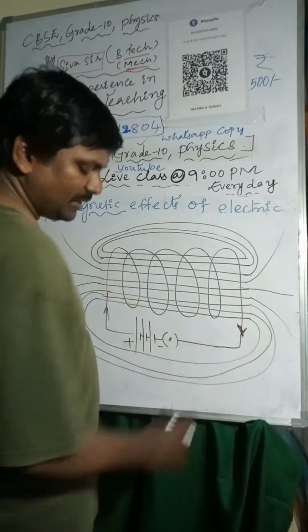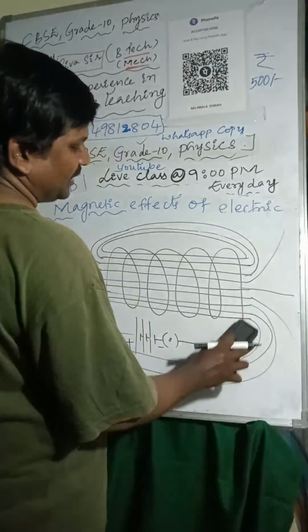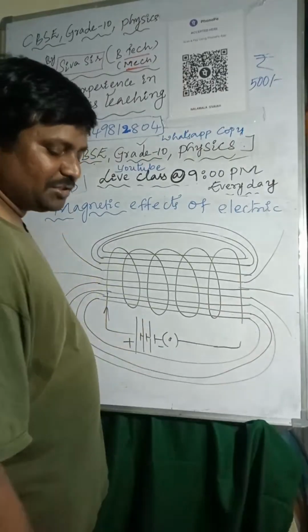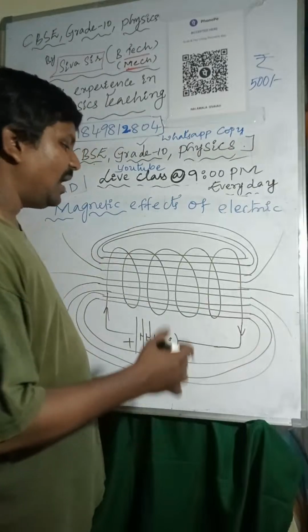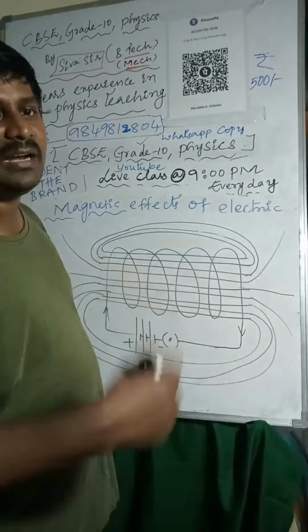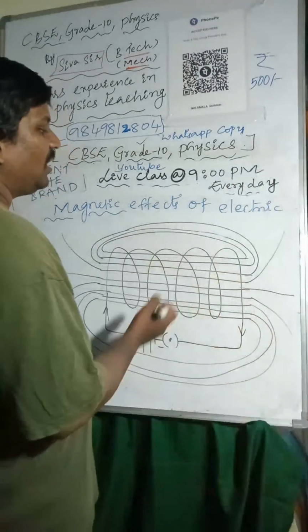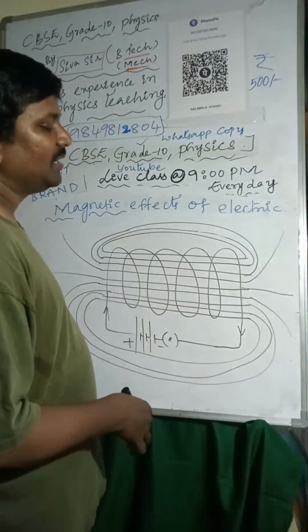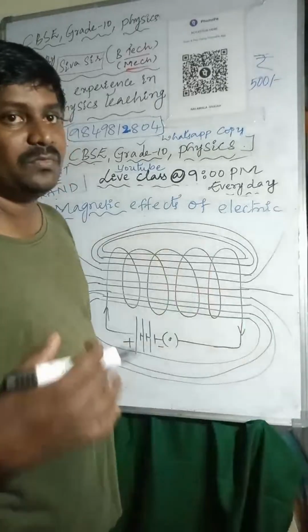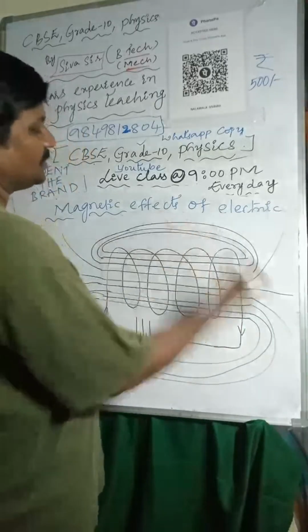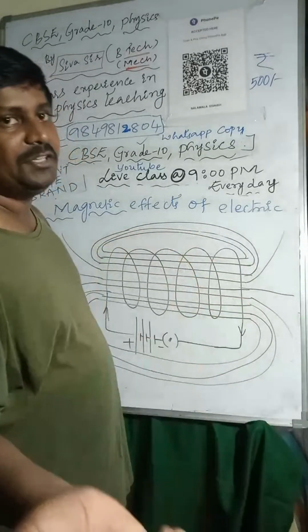Current is passing from the positive to the negative terminal. That is called conventional current. If the charges are moving from positive to negative, that is called conventional current.